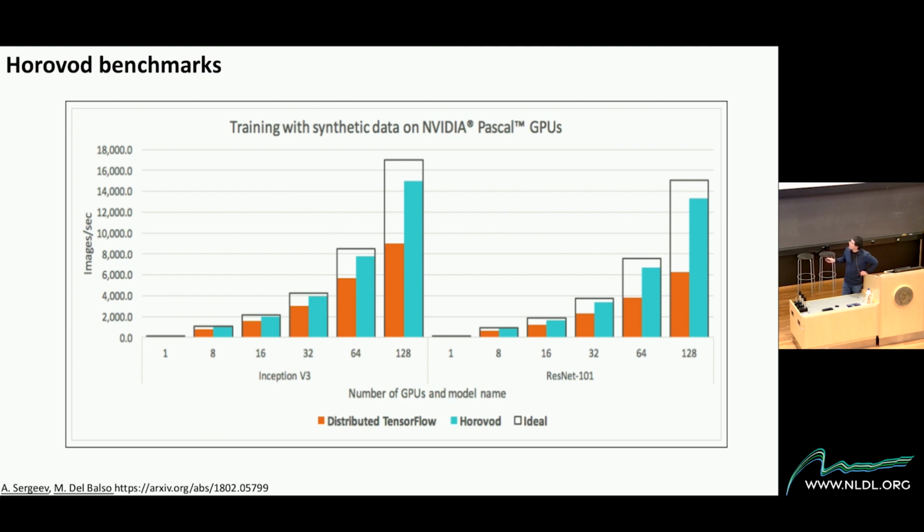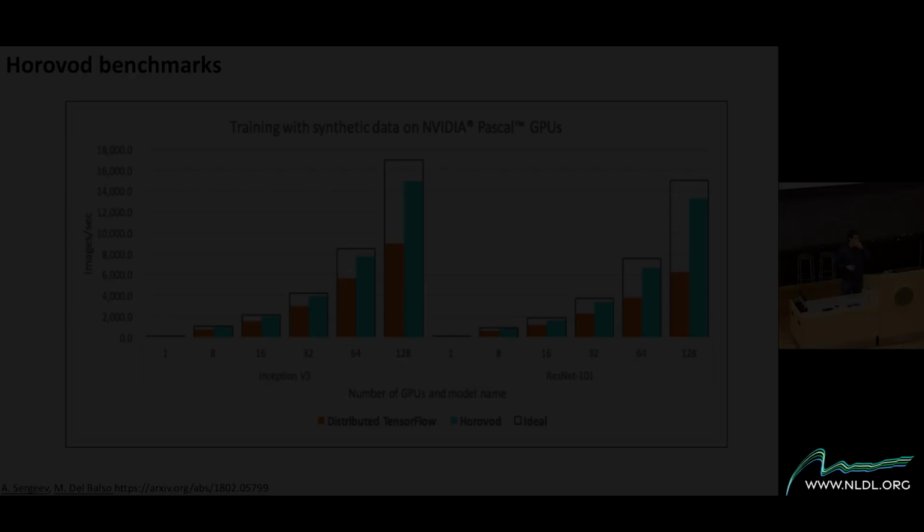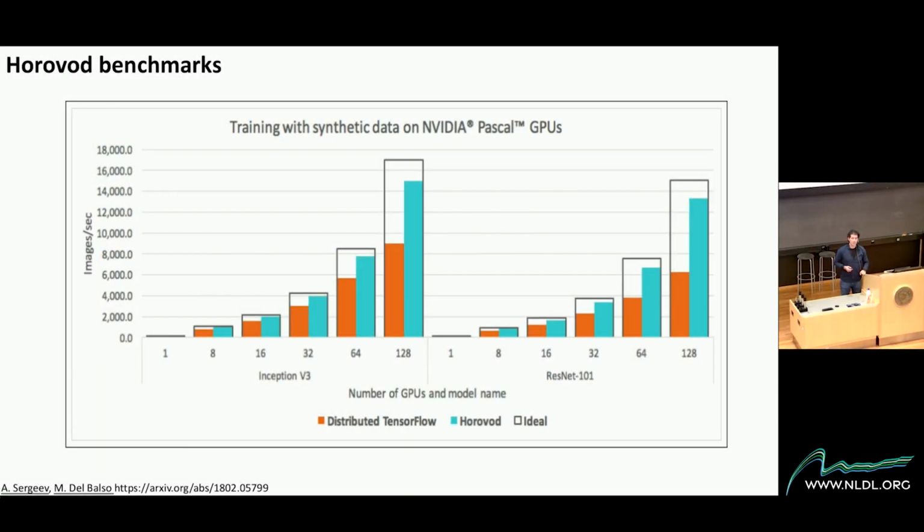You can see Horovod scales up to 128 GPUs, with almost 90% scaling. It's also suitable for small scale computation, but the point here is that you see the impact of Horovod compared to other already available frameworks when you go very large in number of GPUs.